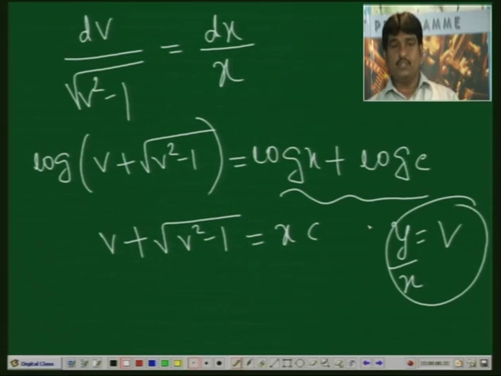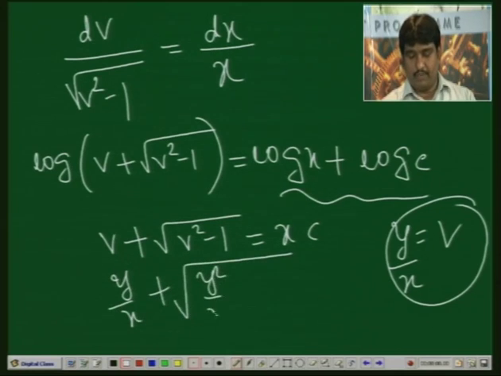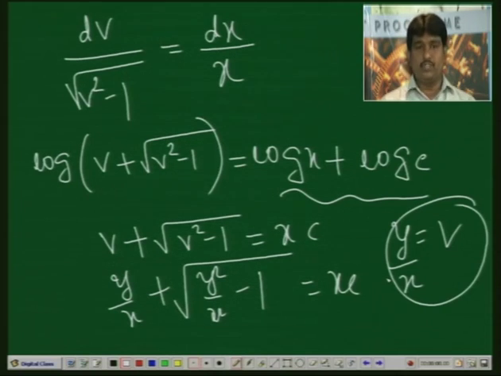This was our assumption, the substitution we made to convert that homogeneous differential equation into an equation in variable separable form. So, you substitute this value here. V is y by x plus root of y square by x square minus 1 equals to x into c. Now, you simplify this equation.